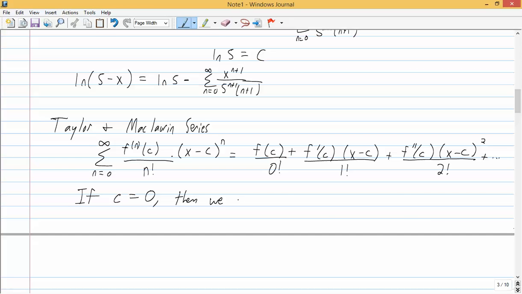Then we have a Maclaurin series. If c is not equal to 0, so c is something different, it's called a Taylor series. Can you have a Maclaurin series then? Because if c is always 0, you can always end up with a 0 over a number.